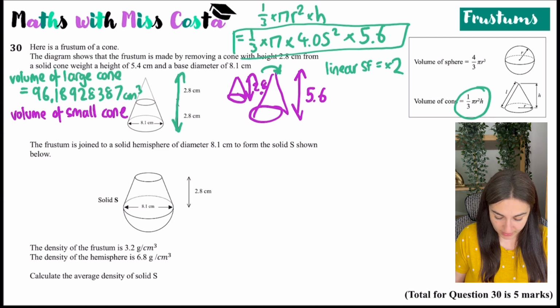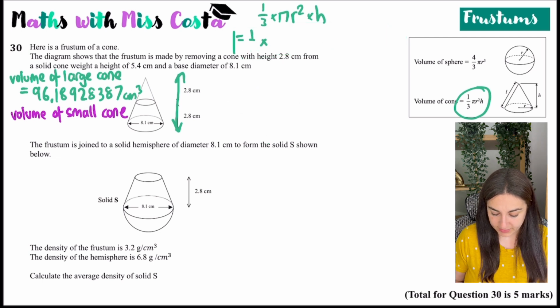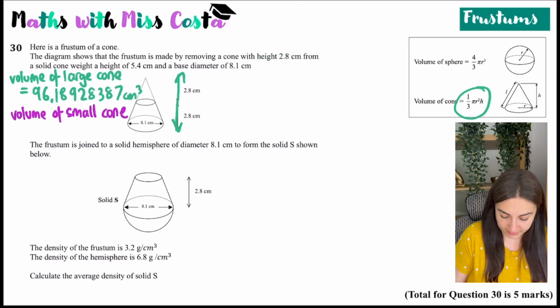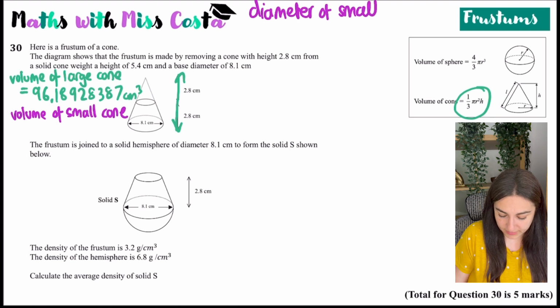So therefore, to get from the large cone to the small cone, you divide by 2. And if the diameter of the large cone is 8.1, the diameter of the small cone is going to be half of that. I'm going to have to divide by 2. So let's just write that out there. So to remember, diameter of small cone is going to be 8.1 divided by 2, which is 4.05.